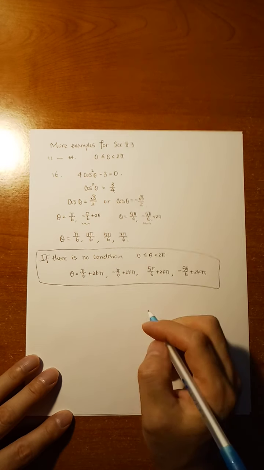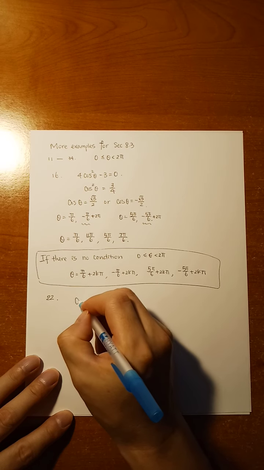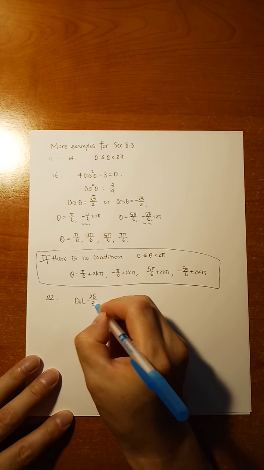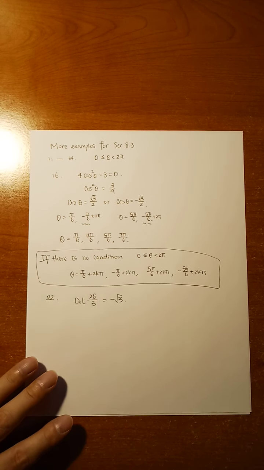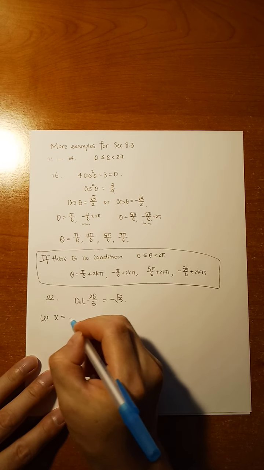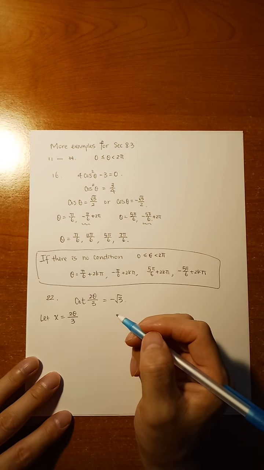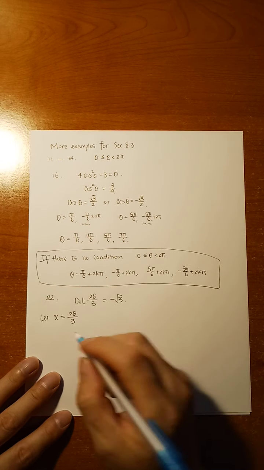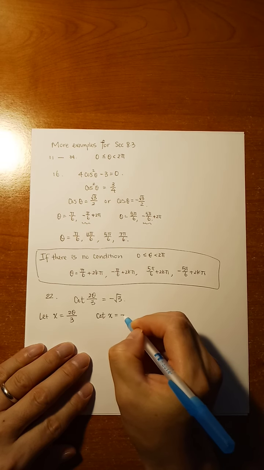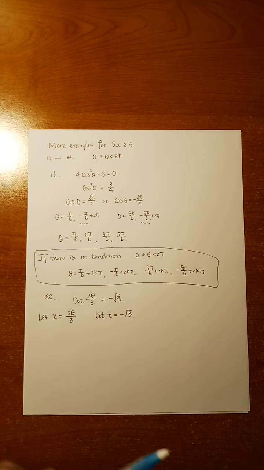All right, let's check 22. Cotangent of 2 theta over 3 is negative square root of 3. First, you use substitution. You let x be 2 theta over 3. Then you just need to solve cotangent of x is negative square root of 3.